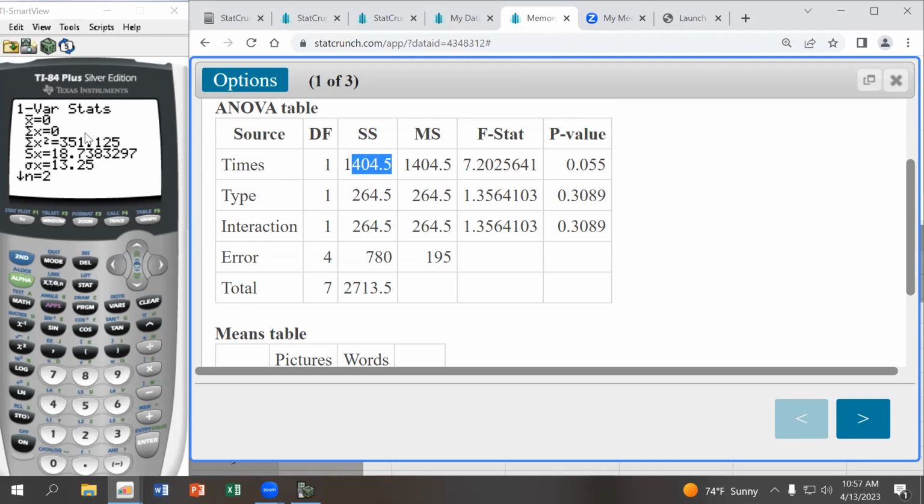In this case, still 4. Good. So take 351.125, multiply by 4, and tell me what you get. 1,404.5. Good. Okay, we took care of 2 of them.